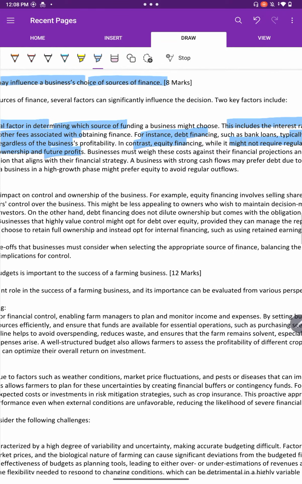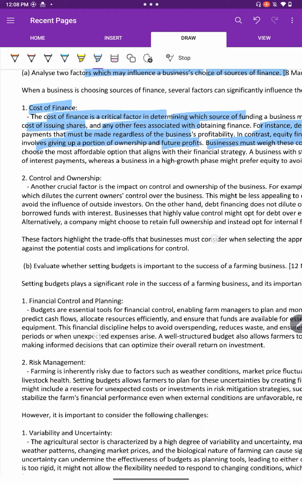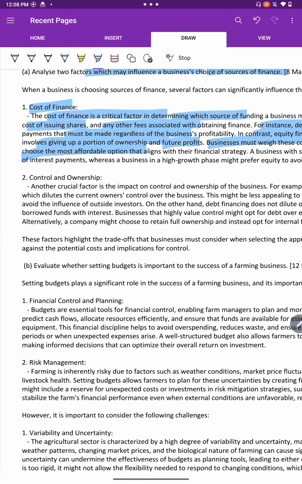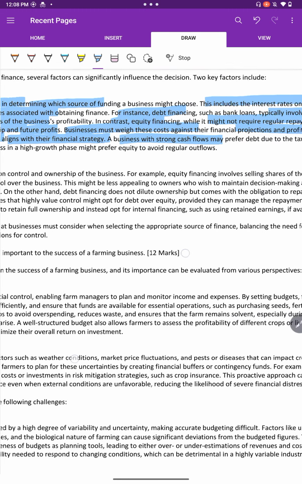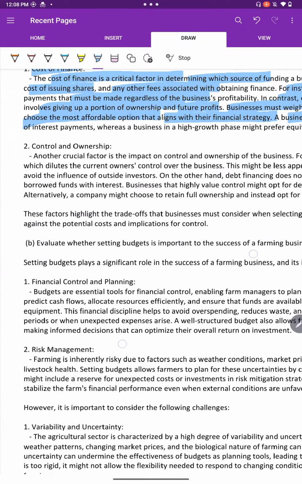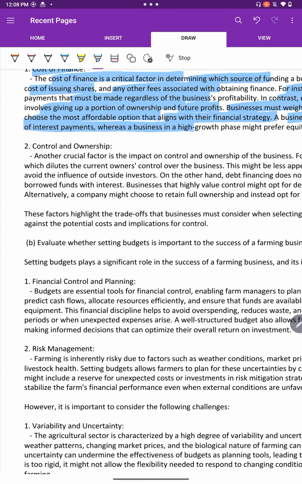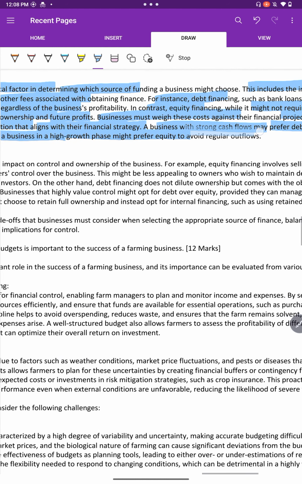So a business must weigh these costs against their financial projections and profitability to choose the most affordable option that aligns with their financial strategy. A business with strong cash flow may prefer debt due to the tax deductibility of interest payments, whereas a business in a high growth phase might prefer equity to avoid regular outflows.